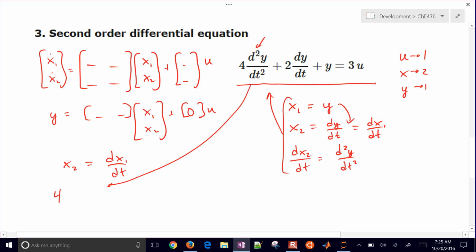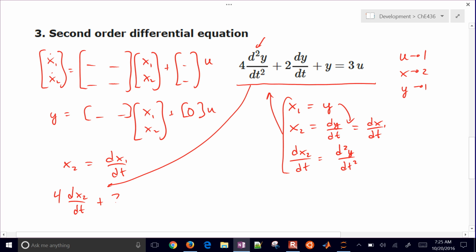We have 4, and then this is going to be times dx2 dt. And we can only have one differential term in each unless we do the more general form of state space, put like an E matrix there, and then we can have multiple differentials in our equations. But let's just keep going with this.